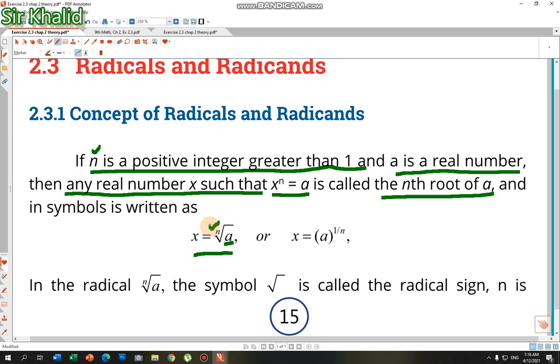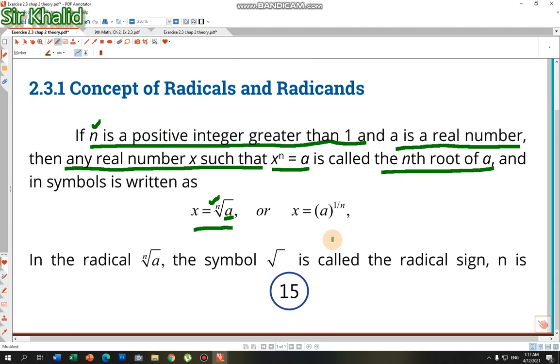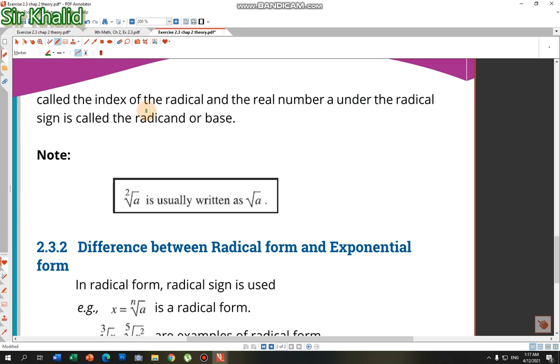It is in the radical form, or x is equal to a^(1/n). It is in exponential form. In the radical nth root of a, this symbol is called the radical sign, and n is called the index of the radical.